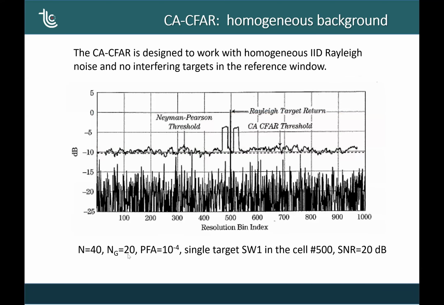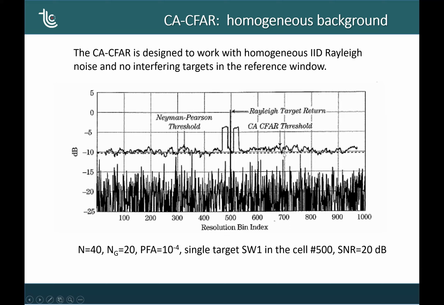These values that you see here are practically the values in the ranges. And then if we know the power of the noise, then we can build the Neumann-Pearson detector.